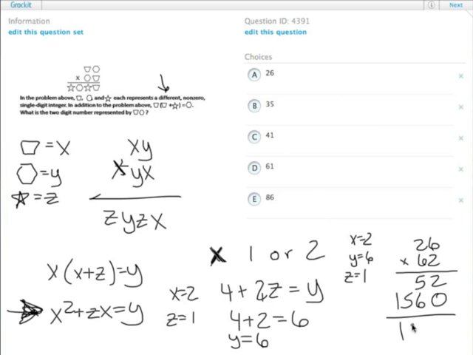So it ends up being 1612, which is z, y, z, x, as advertised in the original problem. Therefore, the question was asking what is xy? It is 26. Answer choice A.